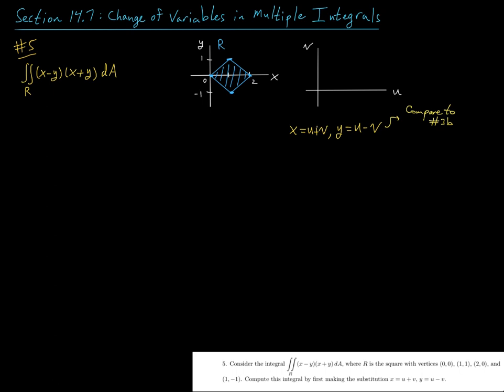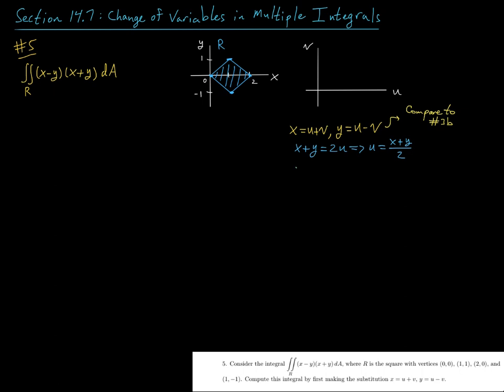And notice that since there's a plus sign here and a minus sign here, if I add x and y, I'm going to get u and u is 2u, but the v's will cancel. So x plus y is 2u. In other words, u is equal to (x plus y) over 2.